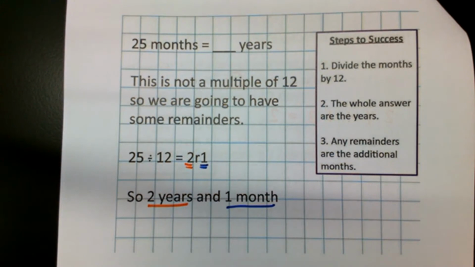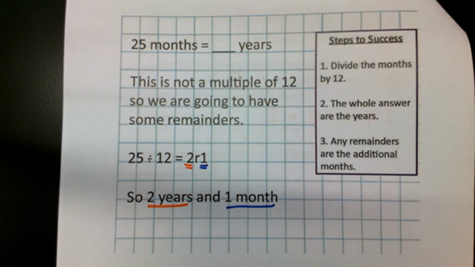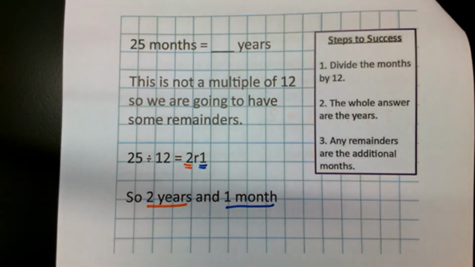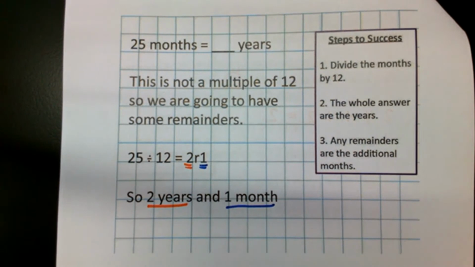41 months divided by 12 equals 3. Because that equals 36, and now we're going to count on: 36, 37, 38, 39, 40, 41. So that's 5. It's 3 years and 5 months. Great.